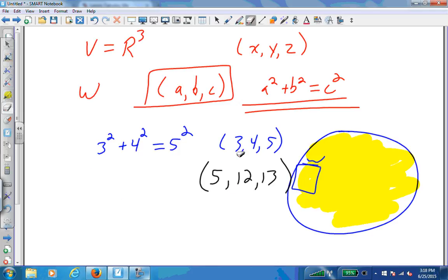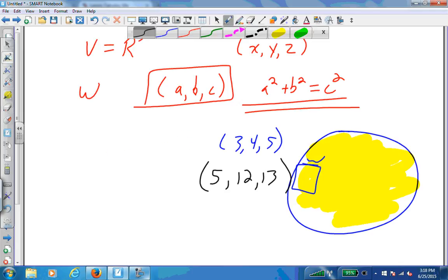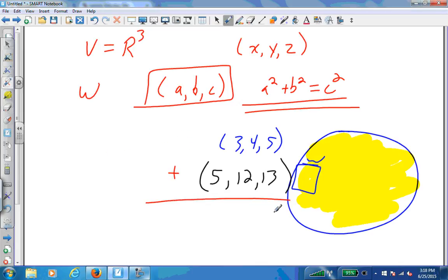But notice this violates both principles. It violates that if we add these together, that it's still in W. If we add these two vectors together, we get 8, 16, 18.